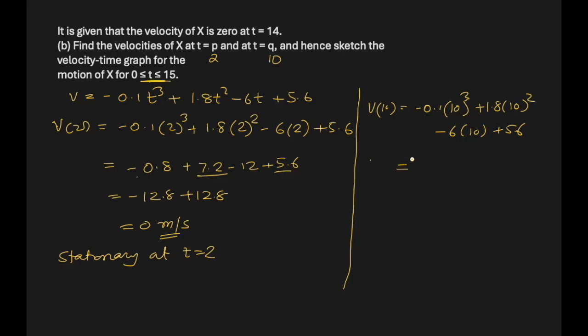So which comes out to be minus 100 plus 180 minus 60 plus 5.6. So minus 160, 20, 5.6, 25.6 at t equal to 10.